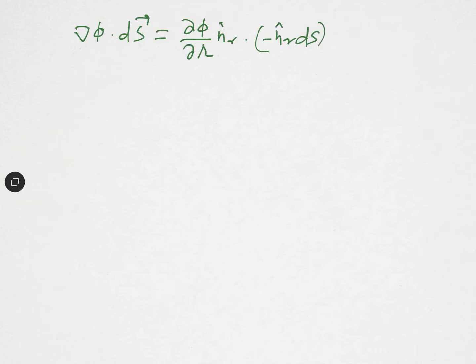Vector ds is directed along minus n r hat, and so this will be equal to minus del phi by del r ds.